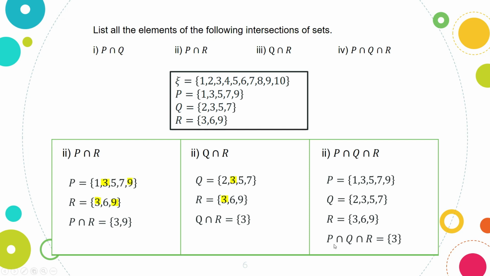The element of P intersect Q intersect R is 3, because the common element from the 3 sets is 3. This one, this one, this one. 3 is in set P, set Q, and set R. So 3 is the element of P intersect Q intersect R.